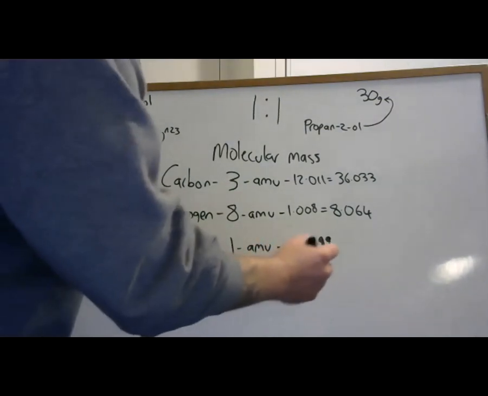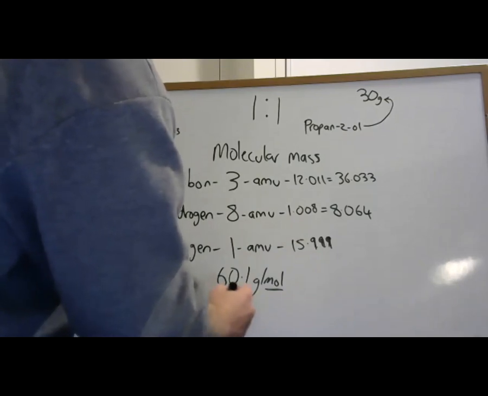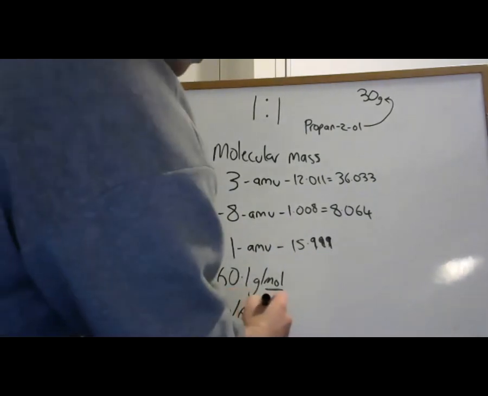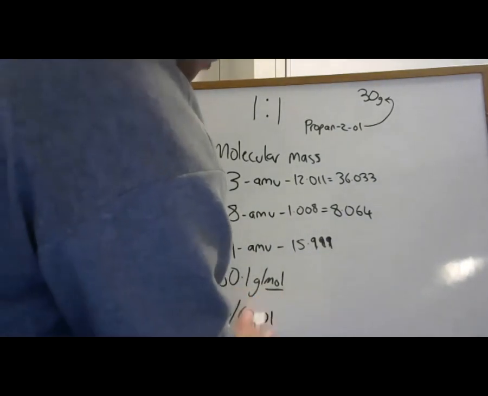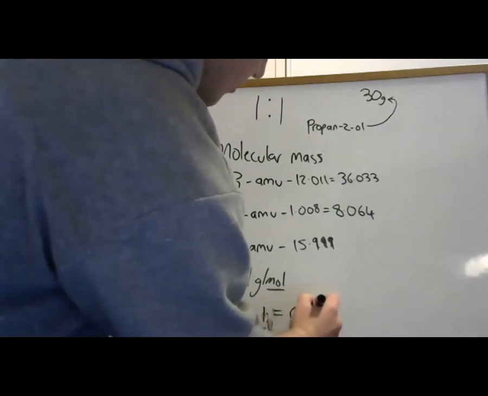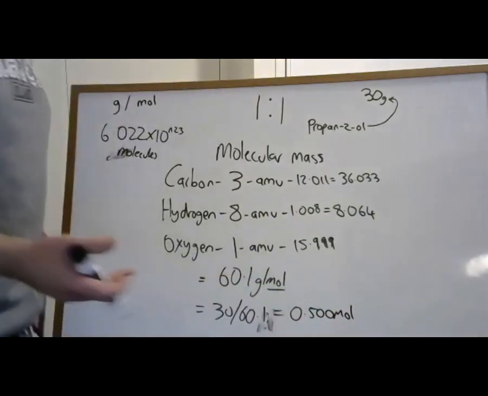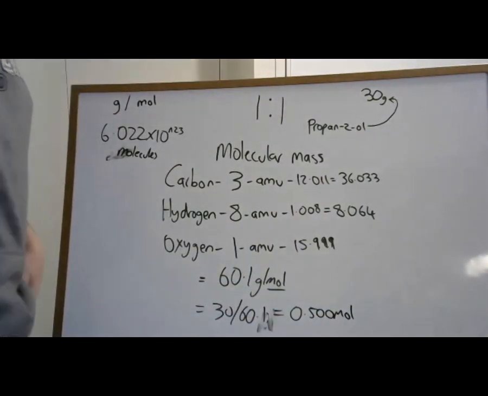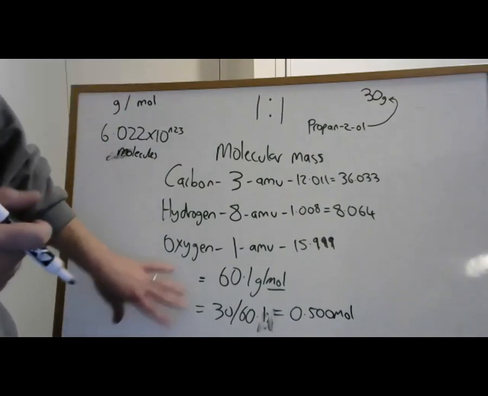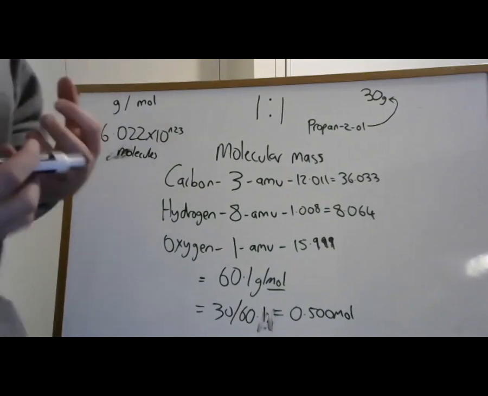So we would do 30 divided by 60.1. So we would have half a mole. Which means, when we're talking about grams, that is not an amount of something.